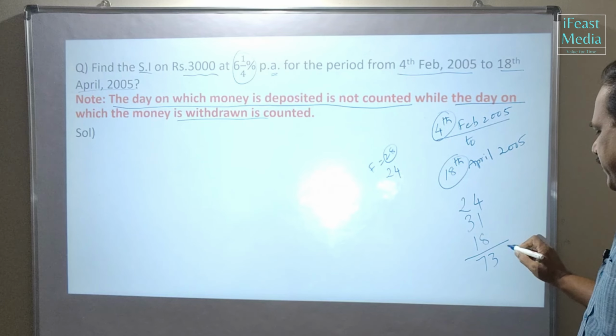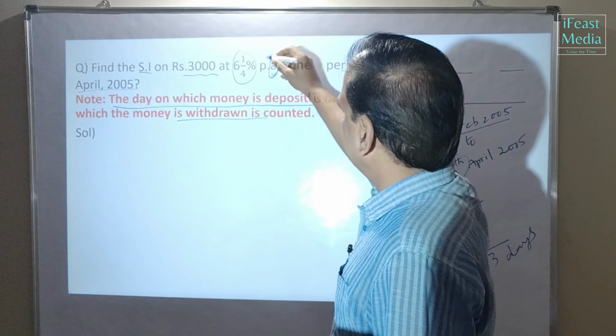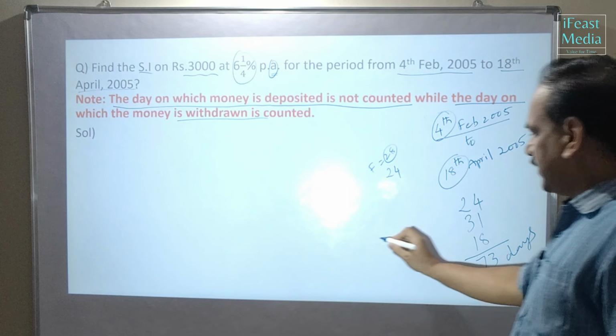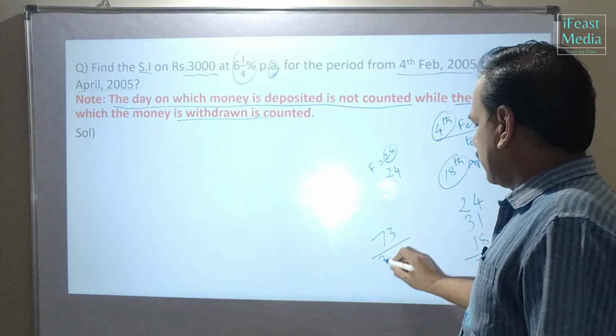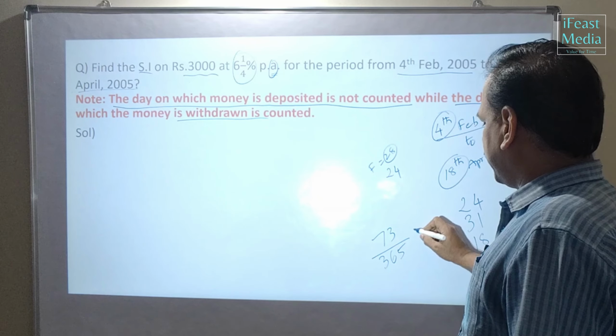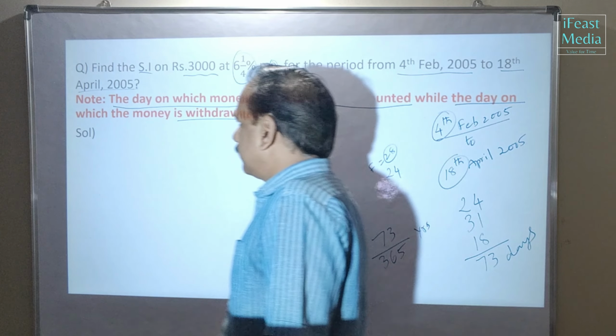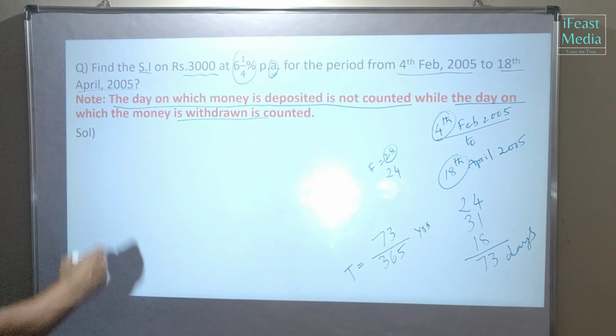Total 73 days. But the rate of interest is given per annum. So we should convert the 73 days into years. So 73/365 years. That is the time here. So we should calculate the simple interest now.